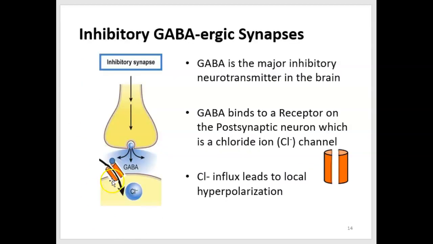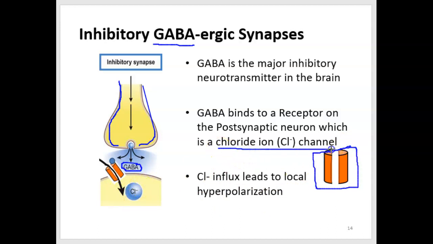So let's look at how an inhibitory synapse might work, because we haven't talked about an inhibitory synapse at all. GABA is the major inhibitory neurotransmitter in the brain. And so neurons, which we'll call presynaptic neurons in the brain, release this neurotransmitter GABA that binds to postsynaptic neurons in the brain. Those are usually the targets. And the receptor on the postsynaptic cell, this orange structure, is a chloride ion channel.